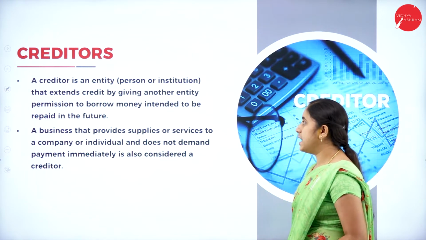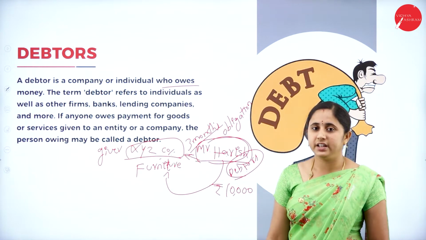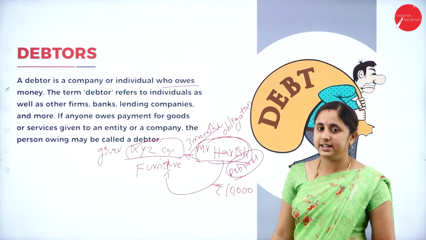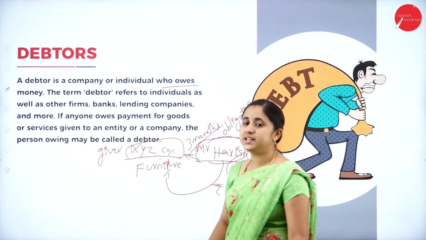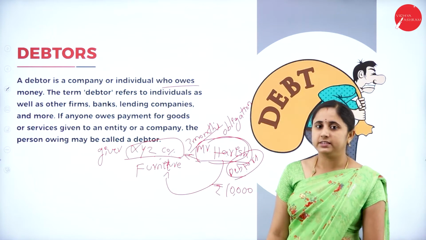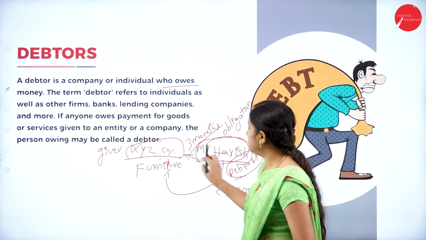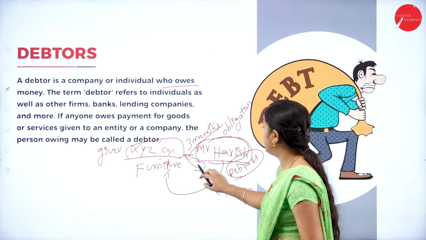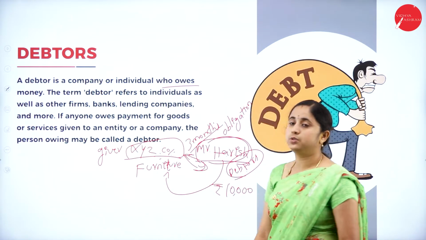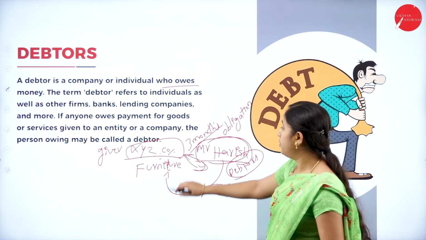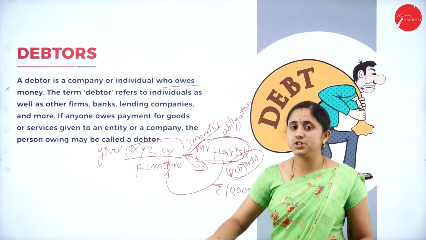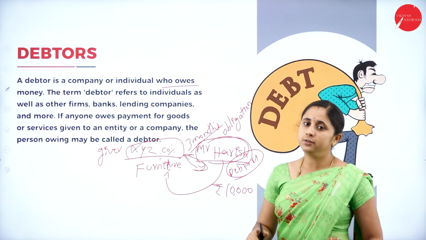In the last example, Mr. Harish became the debtor. XYZ company became the creditor. That means it is giving the money or money's worth to Harish. So, it is giving permission to pay money in future.